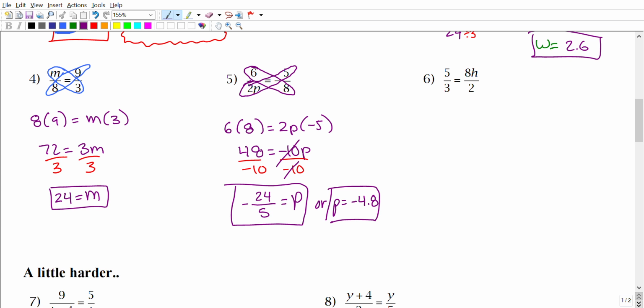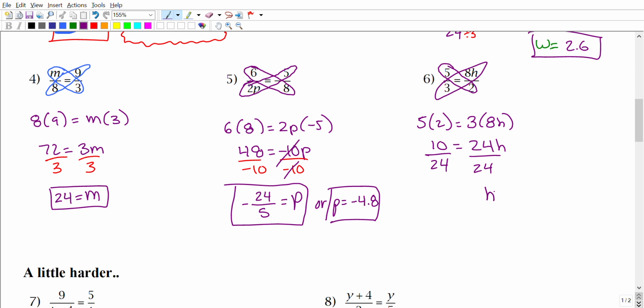All right, let's take a look at this final one. So we have 5 times 2 equals 3 times 8h. This is just 10 equals 24h. Once again, divide by the 24.